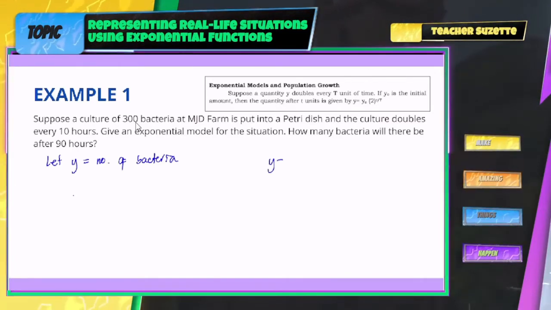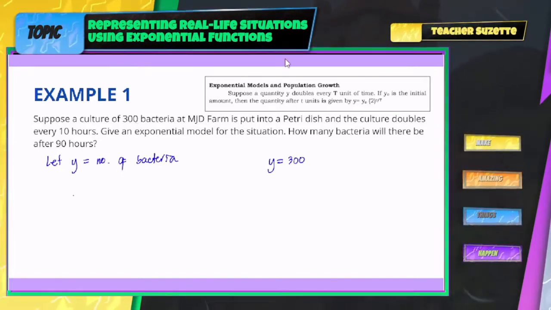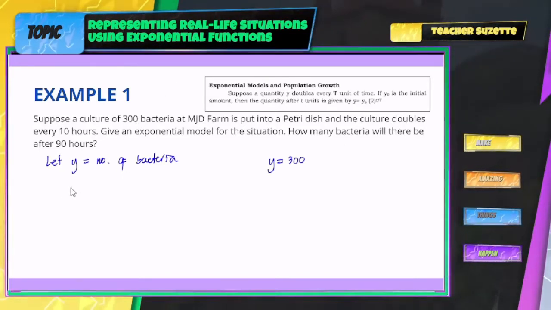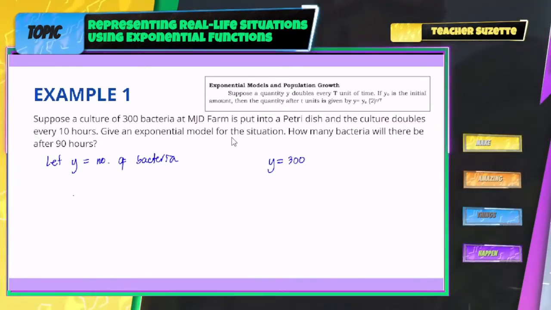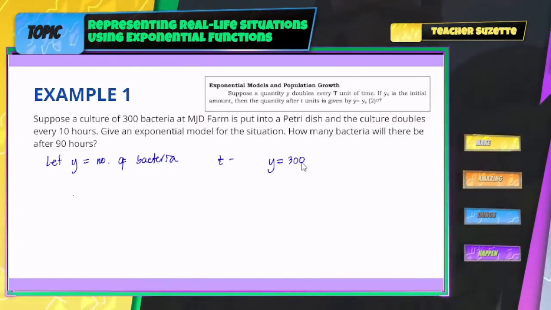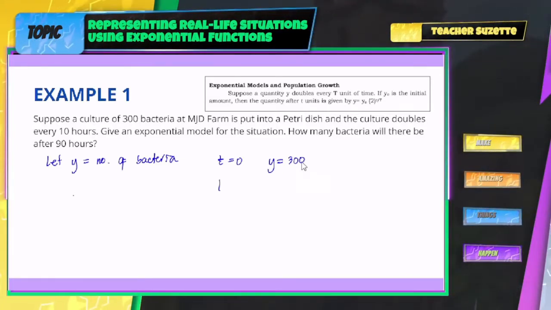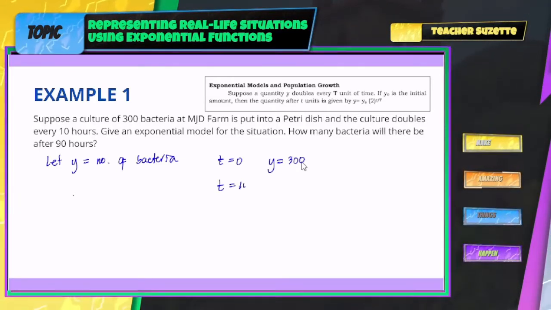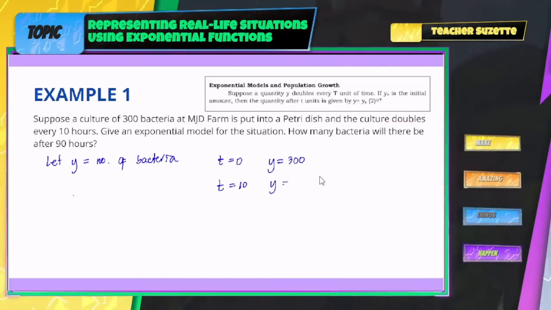So, y is equal to 300 bacteria, and this culture of bacteria will double after every 10 hours. So for the original 300 bacteria, our time is 0. Now, for the first 10 hours, what happens to our y?